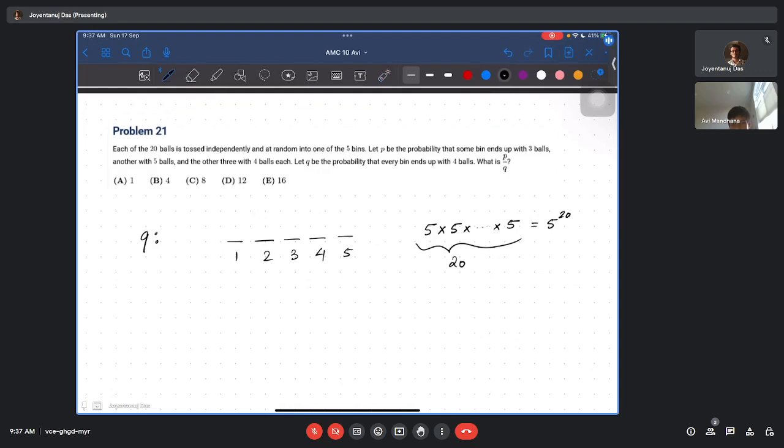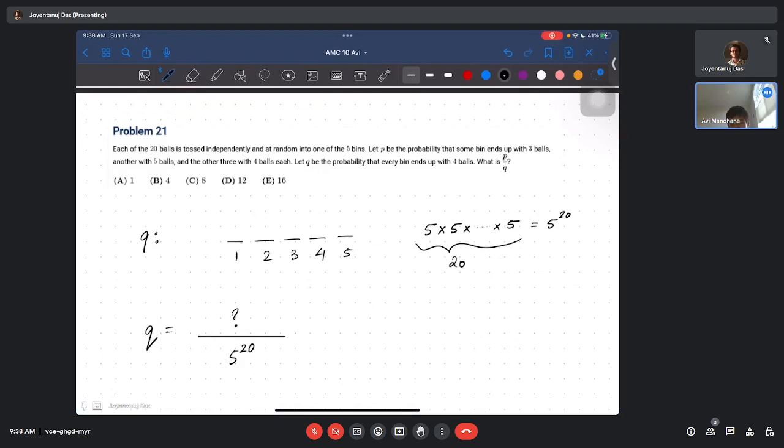Q is a probability, so Q will be nothing but something divided by 5 power 20. So you have to find the numerator. Wait, why would Q be 5 power 20? Isn't that the total amount of possibilities? Yes, that is the denominator I'm saying. Q is a probability. Oh, right, that's the denominator of Q, not the entire thing. Yes.